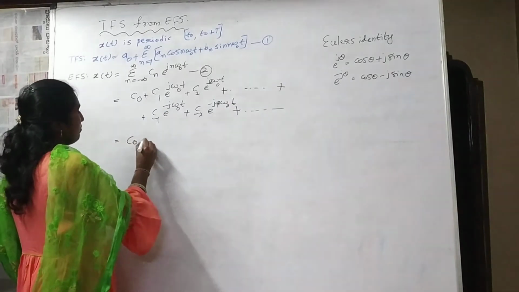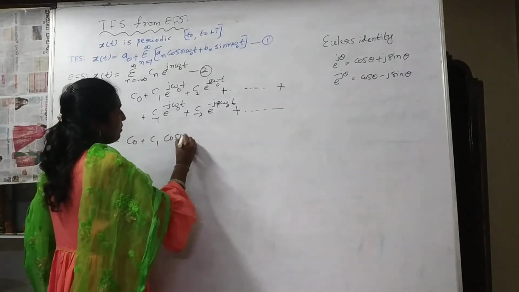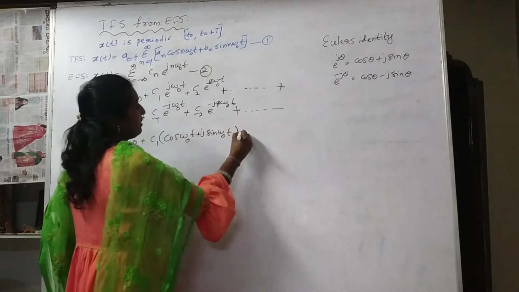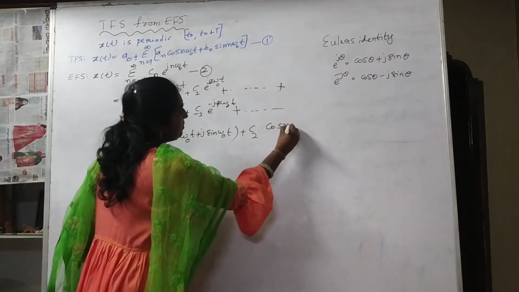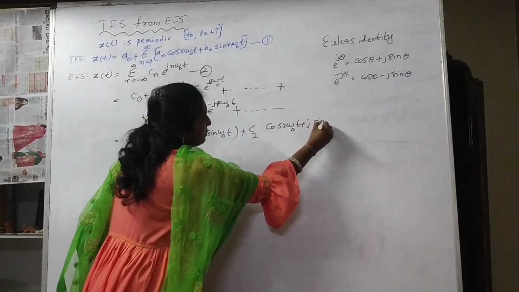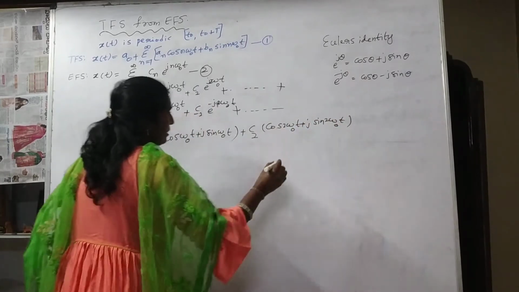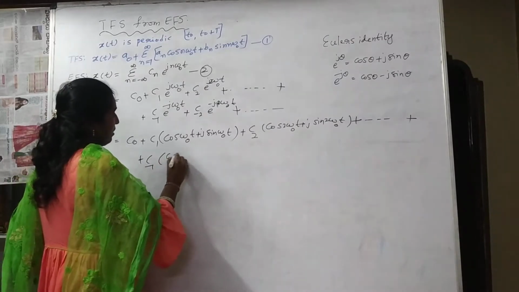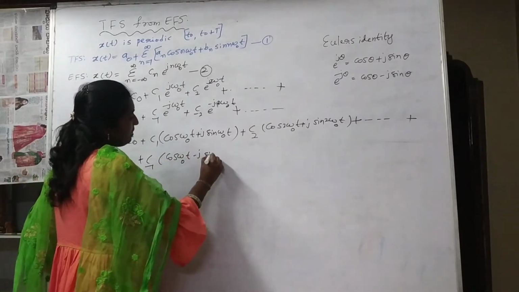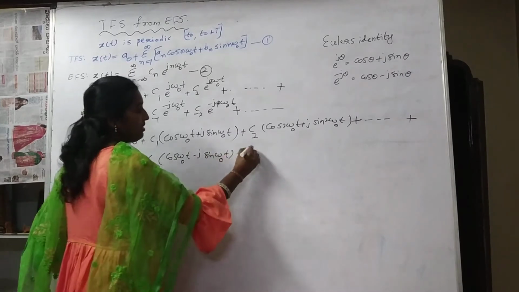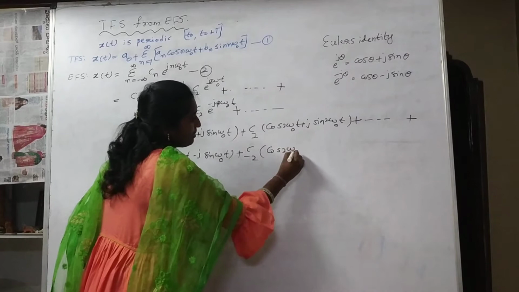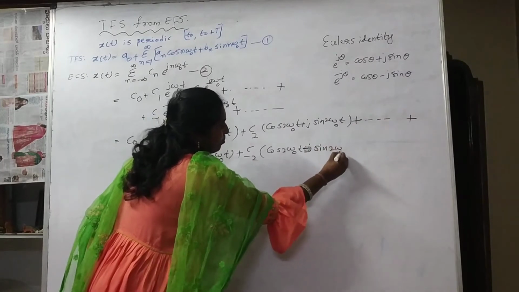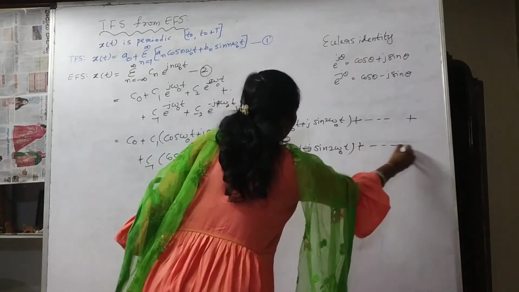Use that: C0 plus C1 (cos omega naught t plus j sin omega naught t), and second, C2 (cos 2 omega naught t plus j sin 2 omega naught t), plus and so on, plus C minus 1 (cos omega naught t minus j sin omega naught t) plus C minus 2 (cos 2 omega naught t minus j sin 2 omega naught t), plus and so on.